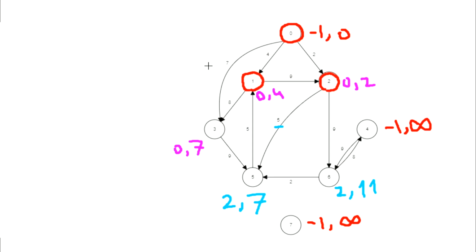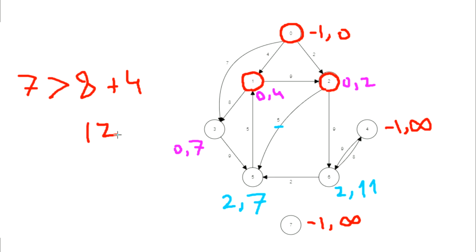So we only have 3 here, all right? So I'm going to check the statement. Is 7, which is the cost of the unvisited vertex, greater than the edge weight 8 plus the cost of the visited vertex, which is 4?